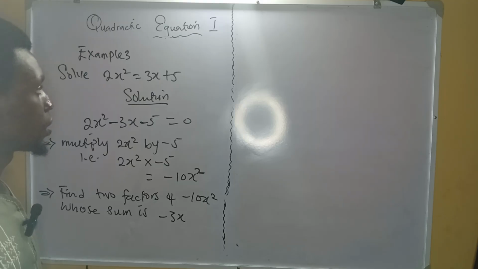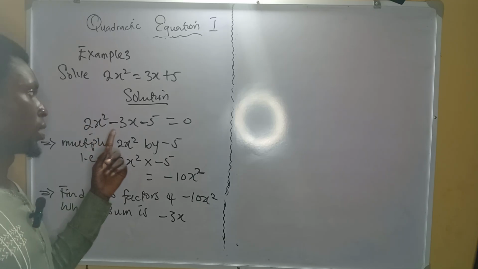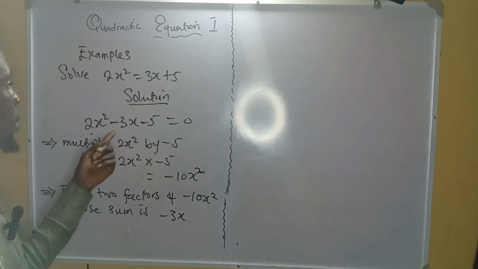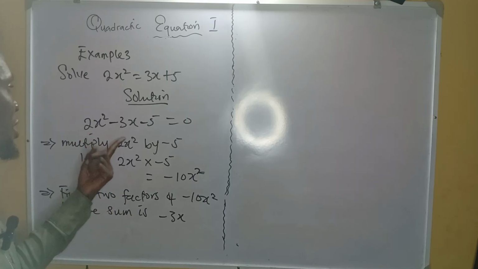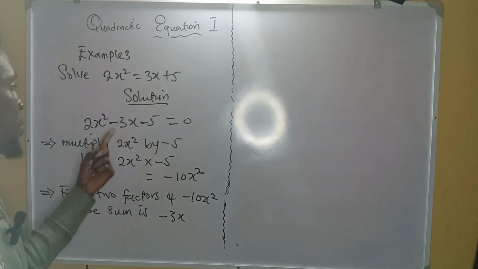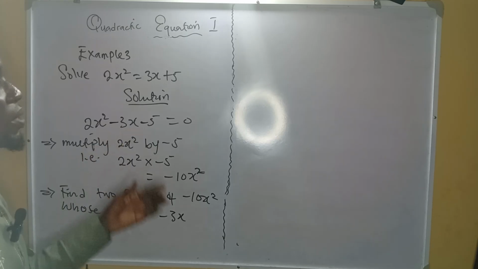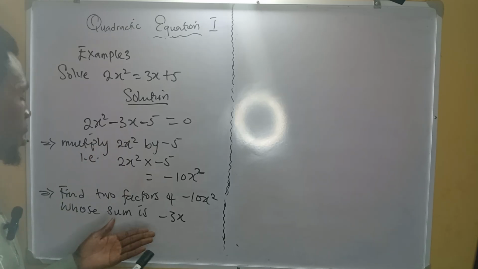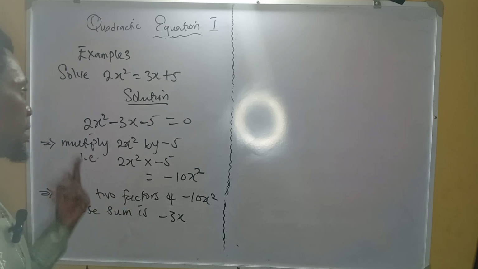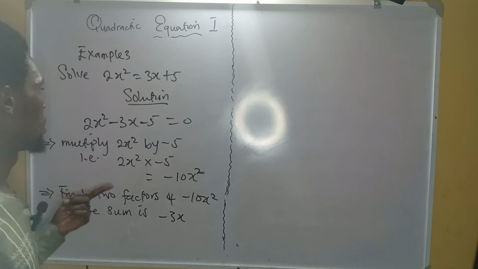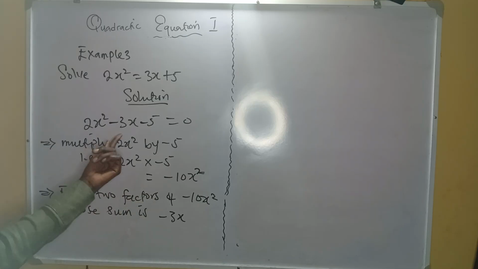The factor that carries the positive sign depends on the middle term. So if the middle term is negative, it means the factor with the highest magnitude will be negative. Yes. So the bigger factor will be negative, because the middle term is negative.